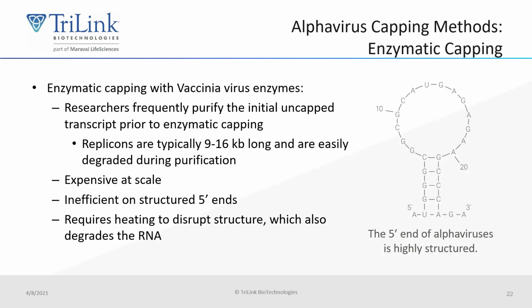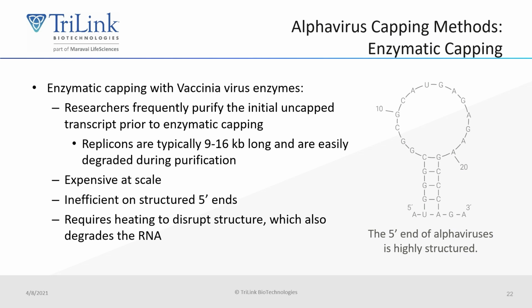Furthermore, as alphaviruses are highly structured, enzymatic capping is typically very difficult and inefficient on them. As we discussed already, those enzymes are expensive. The inefficient capping that they provide due to the highly structured nature of the alphavirus is not great.